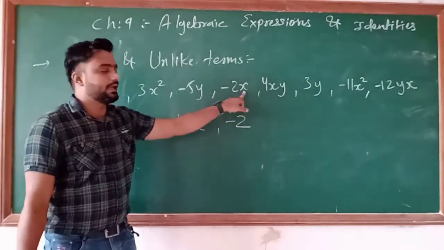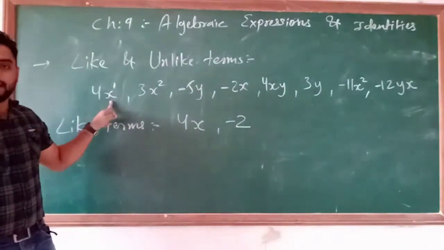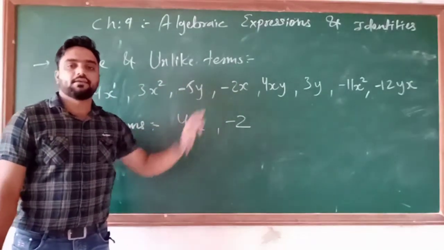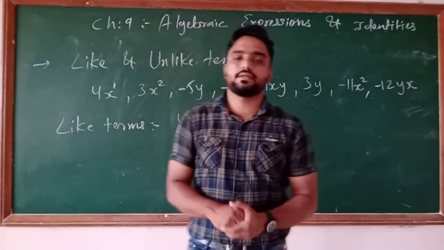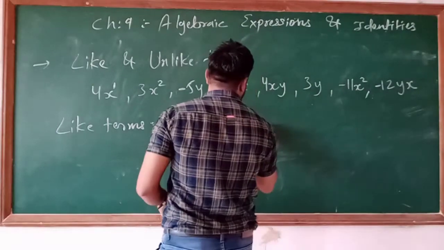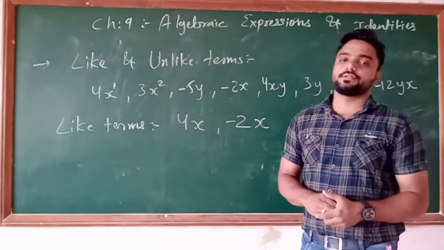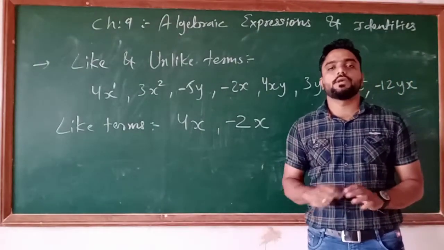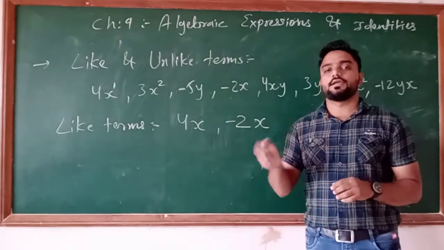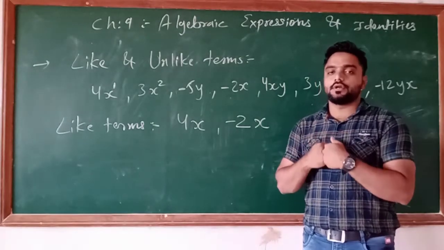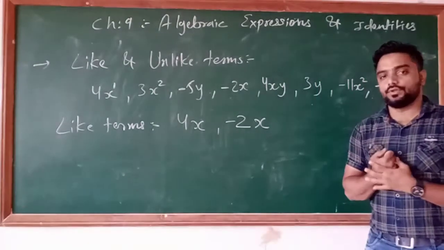So here x and here it is x, and both x having the same power, or you can say the same degree. So that's why both are considered as the like terms. पता चला, understand or not? Same variable होना जरूरी नहीं है, लेकिन दोनों ही variable का power और degree same होना चाहिए.